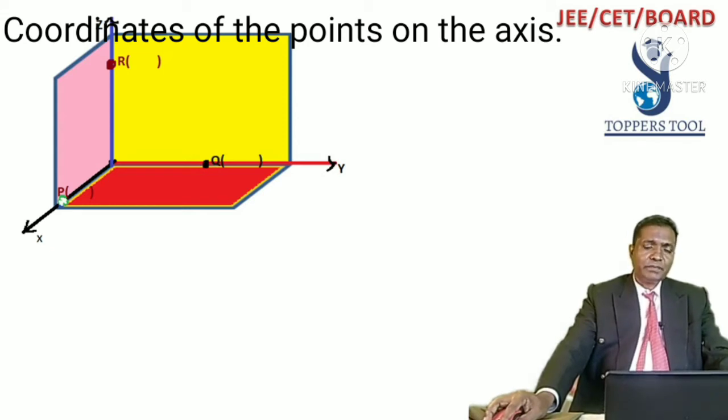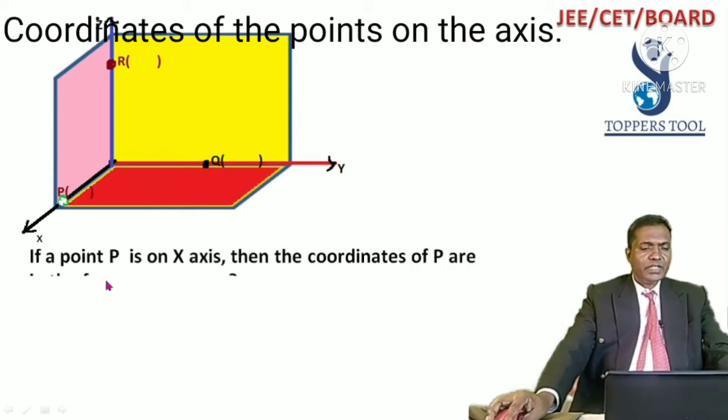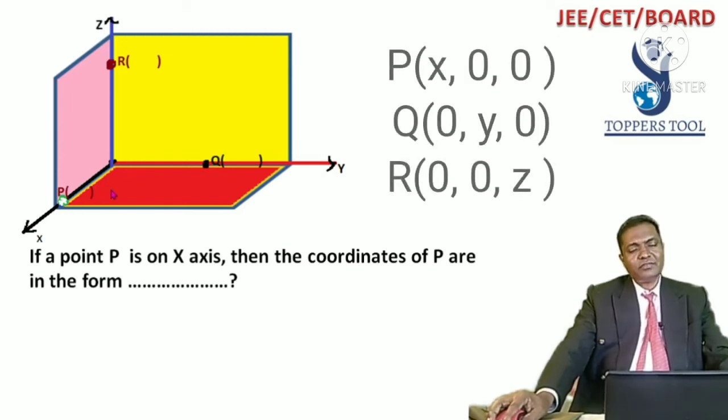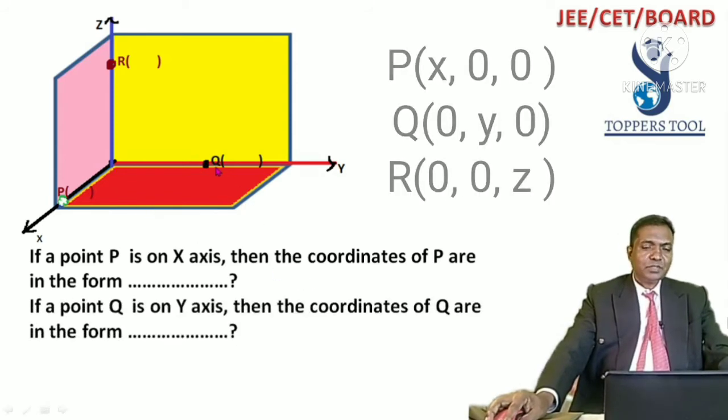Now here some of the points are on the coordinate axes. You have to represent the coordinates of these points in general. Here the point P is on the x-axis. Then what are its coordinates? The coordinates of the point P are of the form x, 0, 0. Similarly, the point Q is on the y-axis.